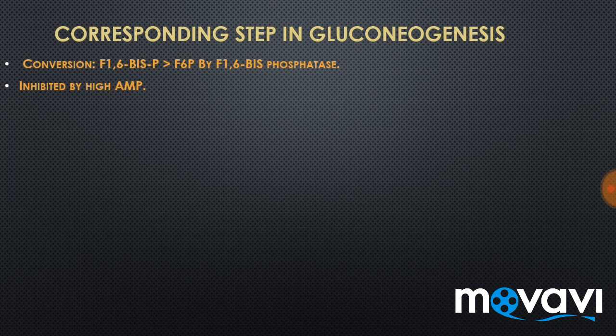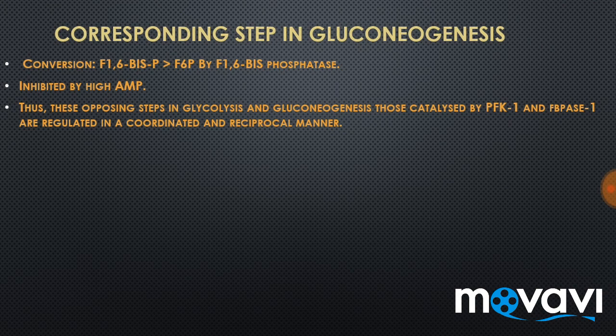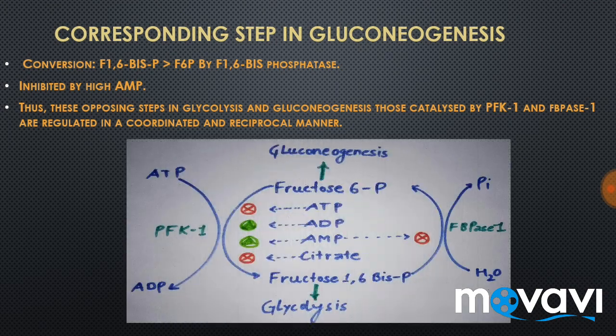So this is the opposite of glycolysis. High AMP stimulates glycolysis; it inhibits gluconeogenesis. Thus we can say these opposing steps in glycolysis and gluconeogenesis, those catalyzed by PFK and FBPase1, are regulated in a coordinated and reciprocal manner.